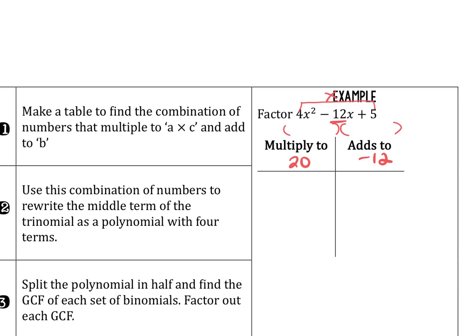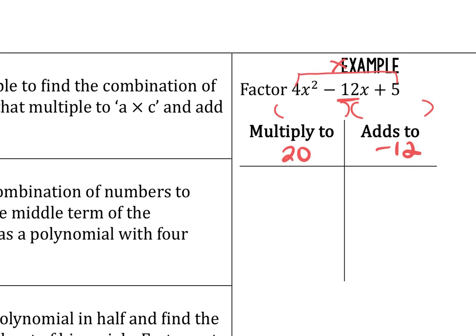So this is a lot like the last one too, where it has to multiply to a positive but add to a negative, which tells me that both of the numbers have to be negative. So like negative 20 and negative 1, but that's not right. Negative 10 and negative 2. Very good. That's going to add to negative 12.